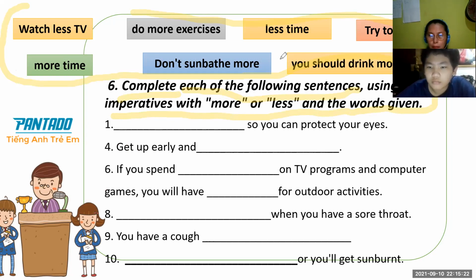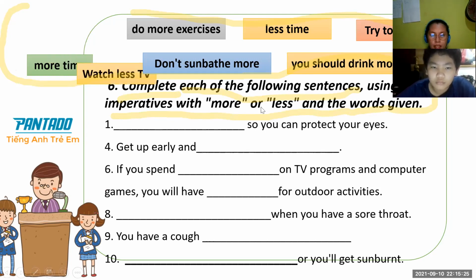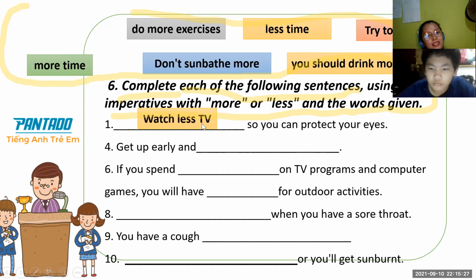For example, number 1, watch less TV so you can protect your eyes. So how about the next number until the last? So 2, 3, 4, 5, 6 until 7.